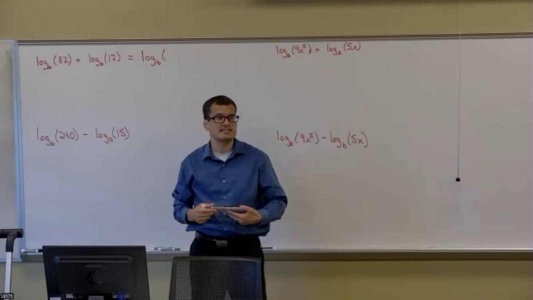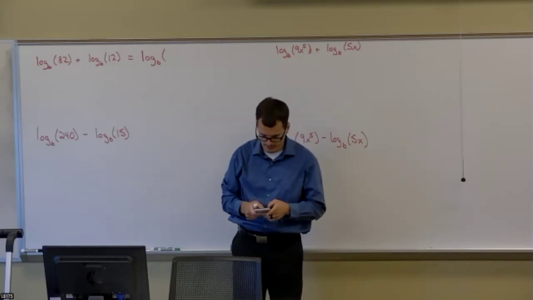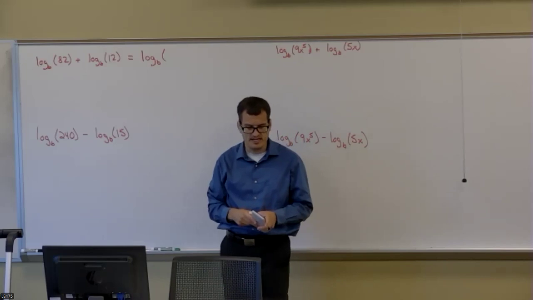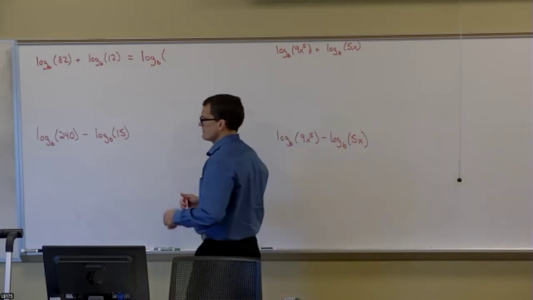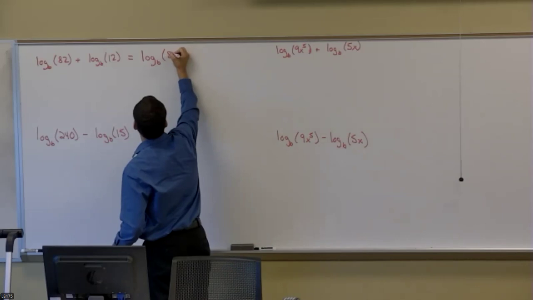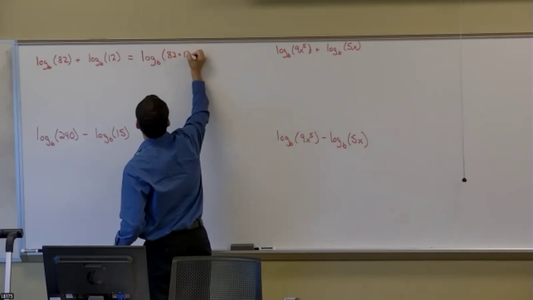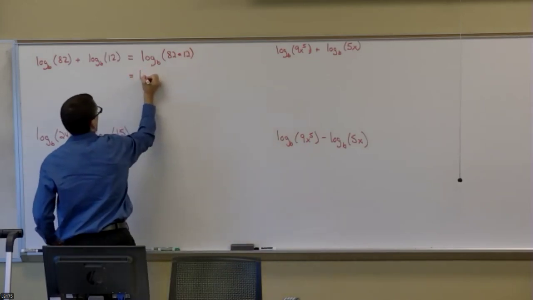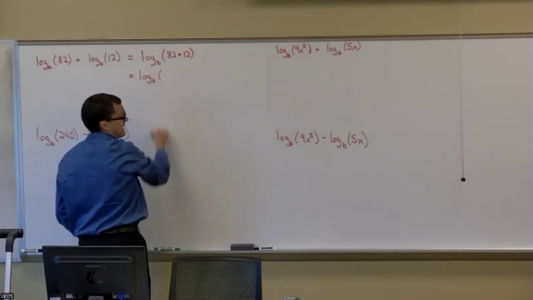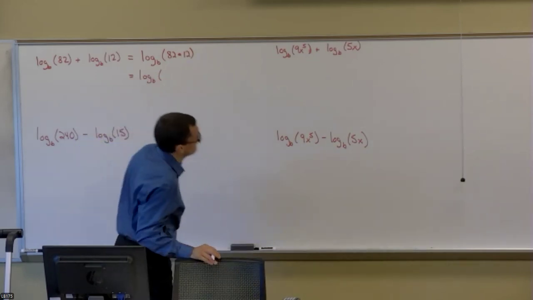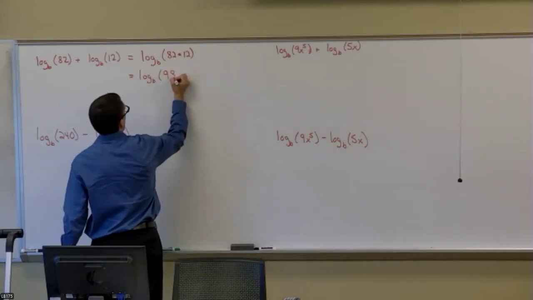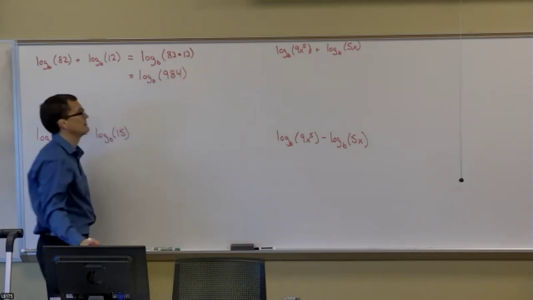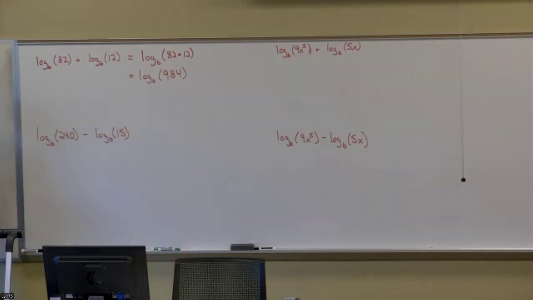So I need to take the 82 times the 12 on the inside. That's what my product rule tells me I can do. 82 times 12. And that's going to be log base b of 984. 82 times 12 is 984. And that's it. That's the whole thing.